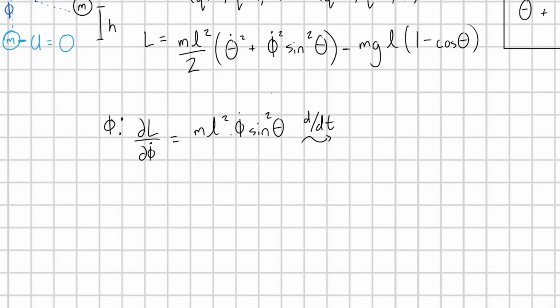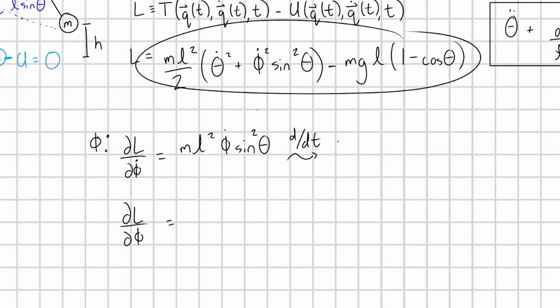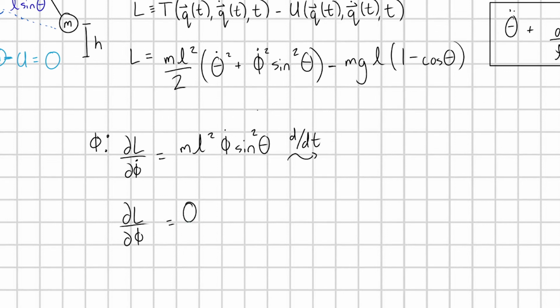Okay. So next, I'm going to take this derivative dL with respect to phi, right? That's the second coordinate we need. Okay. There's no phi that shows up in this equation. Isn't that interesting? So this derivative just equals 0. So now, I'm not going to take the time derivative of this first term explicitly.